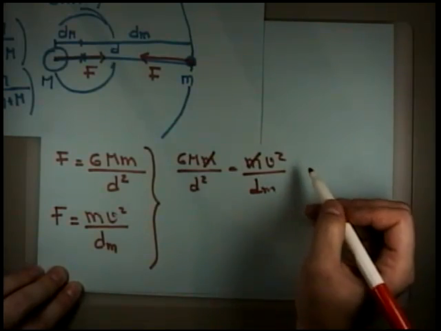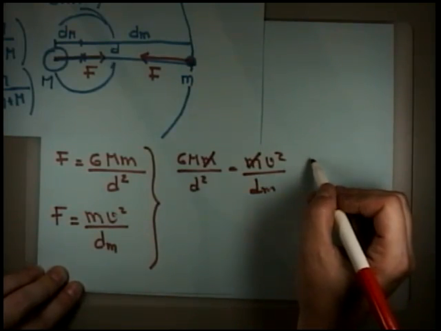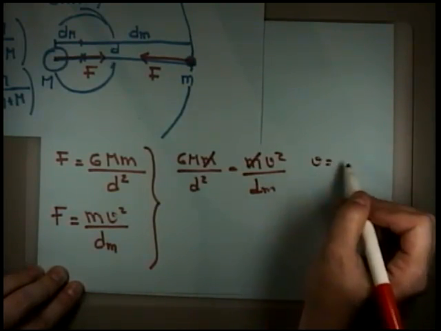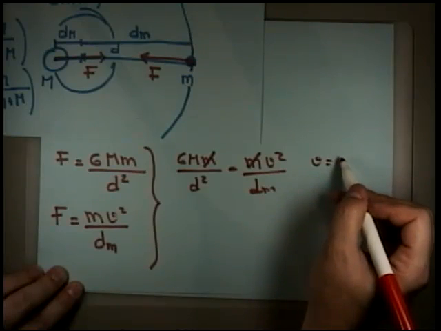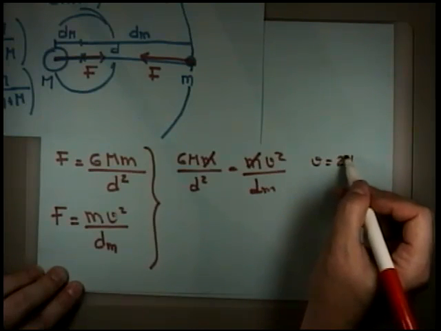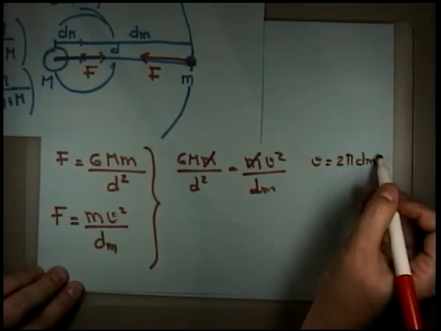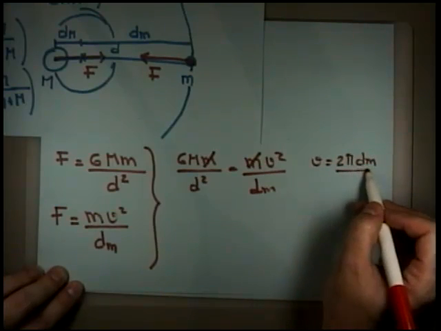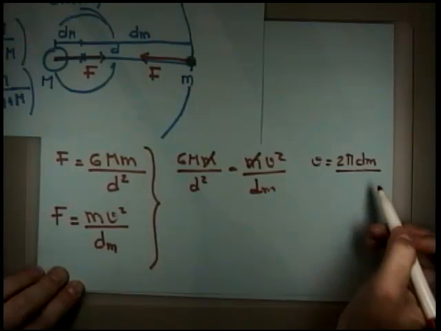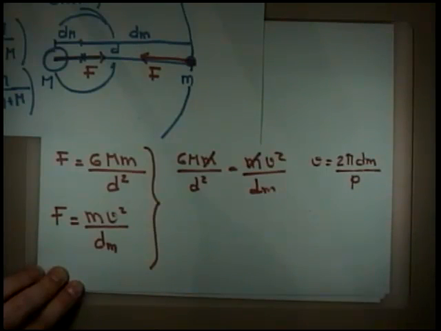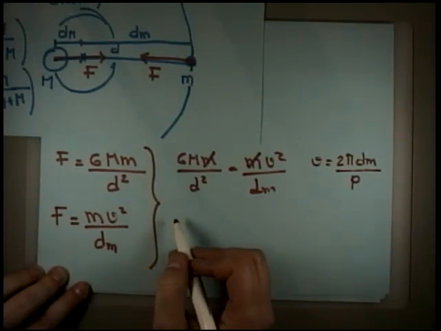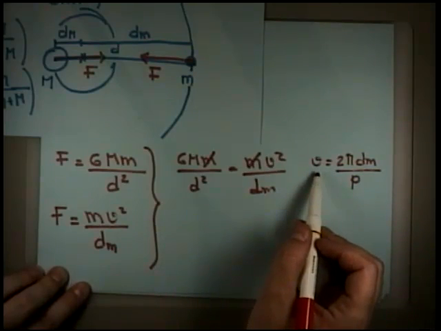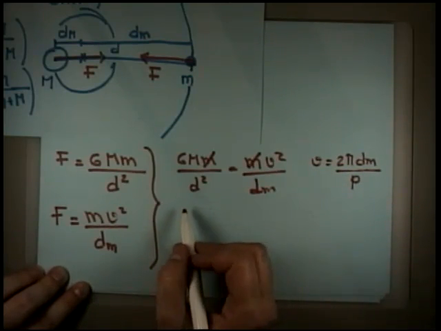And now let's remember the definition of velocity. The velocity is the distance traveled, in this case 2 pi d little m, divided by the time it takes to go around, which is the period, p. So I'll go back here and substitute v with 2 pi d little m over p.